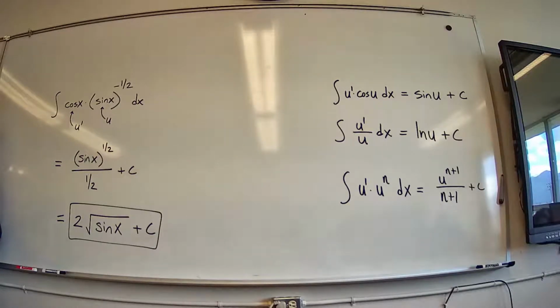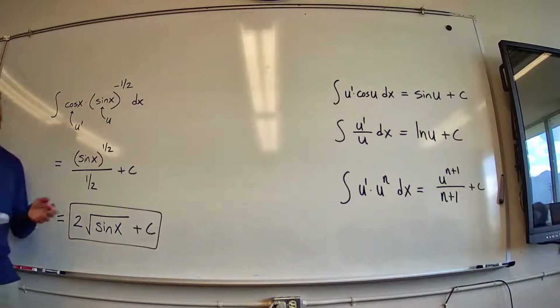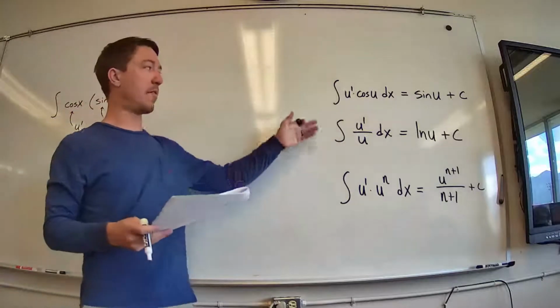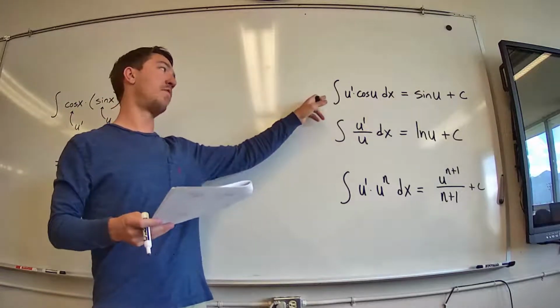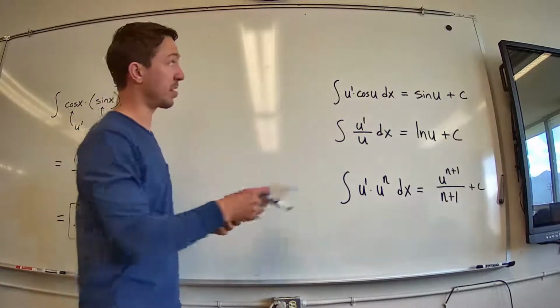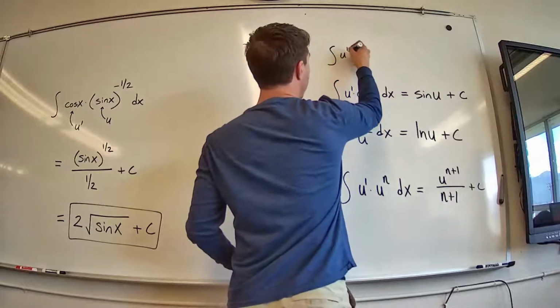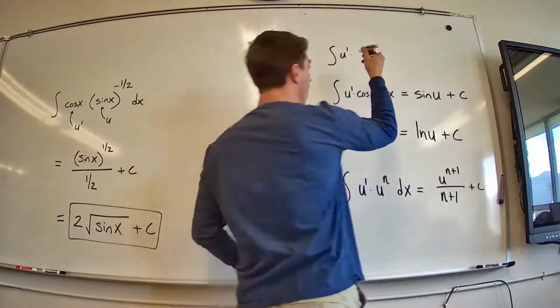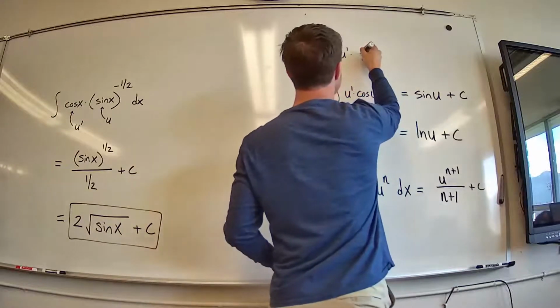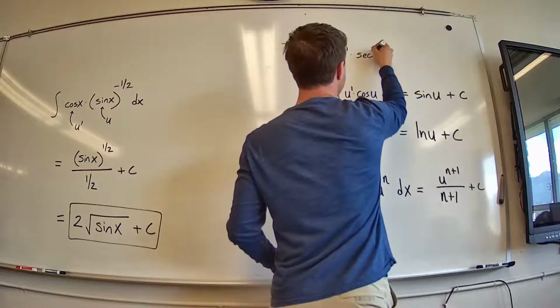So these are all kind of like that. Some might stump you, some might not. But you're just looking for these forms. Now, of course, hand in hand with this form are things like, just for example, u prime times, this is one example.